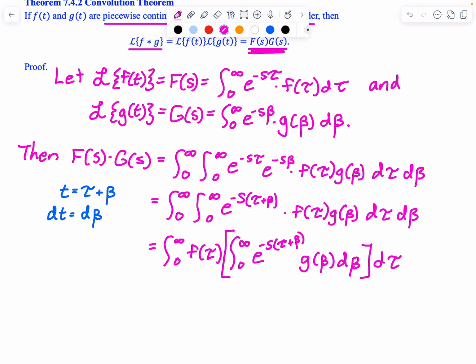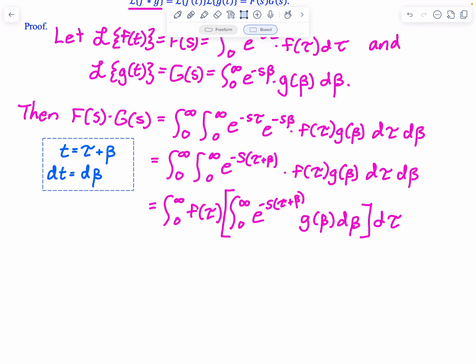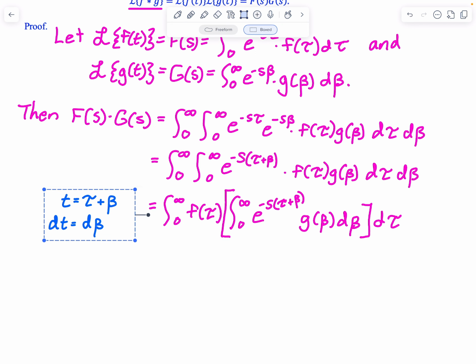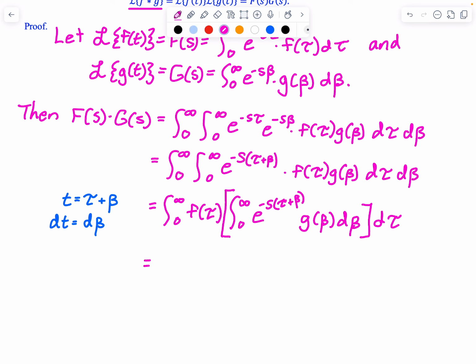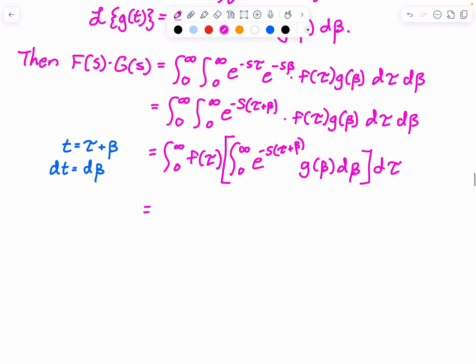All right. Now we'll do the sub. I think it'll make more sense here. So we get the integral of 0 to infinity of f(tau). And then these were betas.